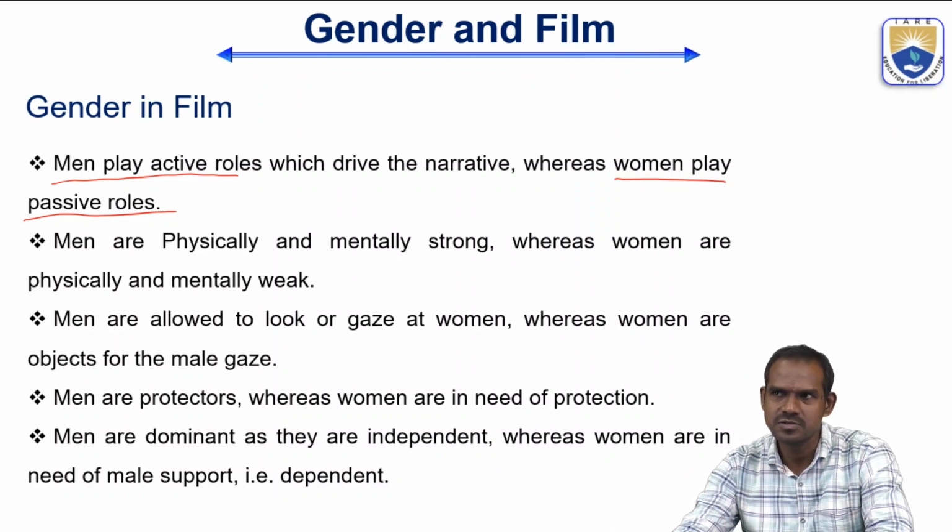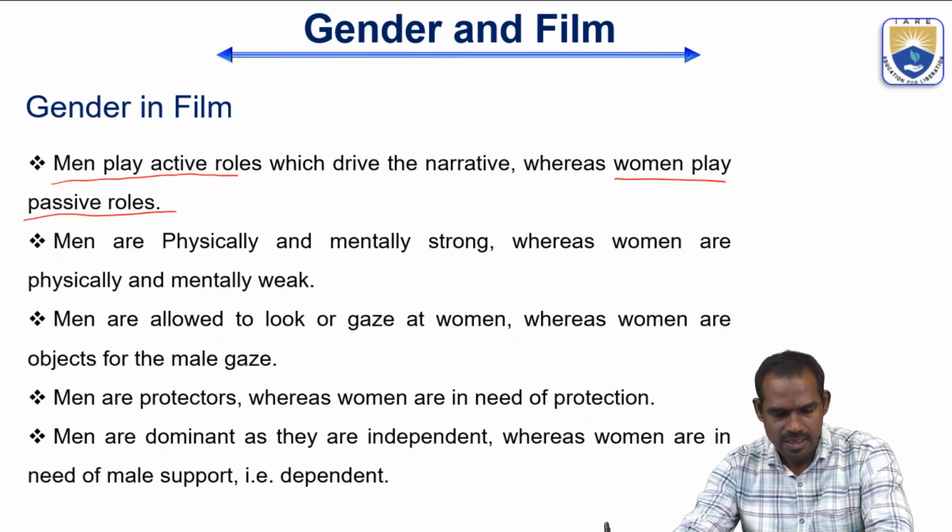Nowadays, women are also doing workouts and maintaining their physique. So men and women both are equally strong physically as well as mentally. But according to the perception of the society, women are weak. When gender sensitization is achieved to 100%, one cannot give this statement. Because it has not been achieved to 100%, one can say this statement.